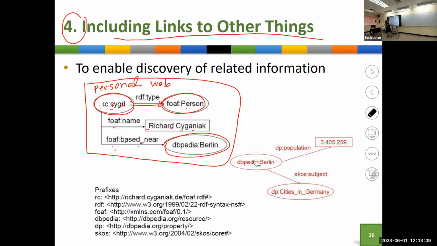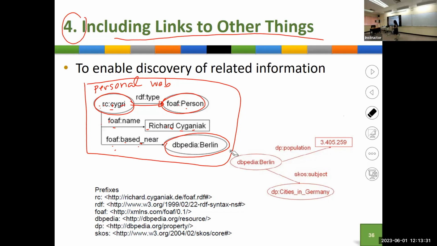And actually, if you follow DBpedia Berlin, you will see that there could be hundreds of descriptions, similar to Bangkok, right? About area, about abstract, about population, and so on and so forth.